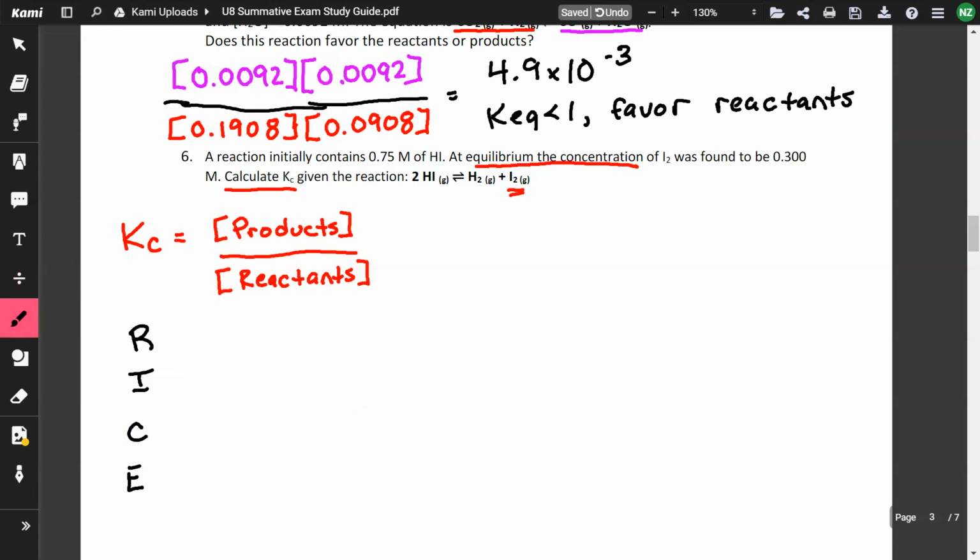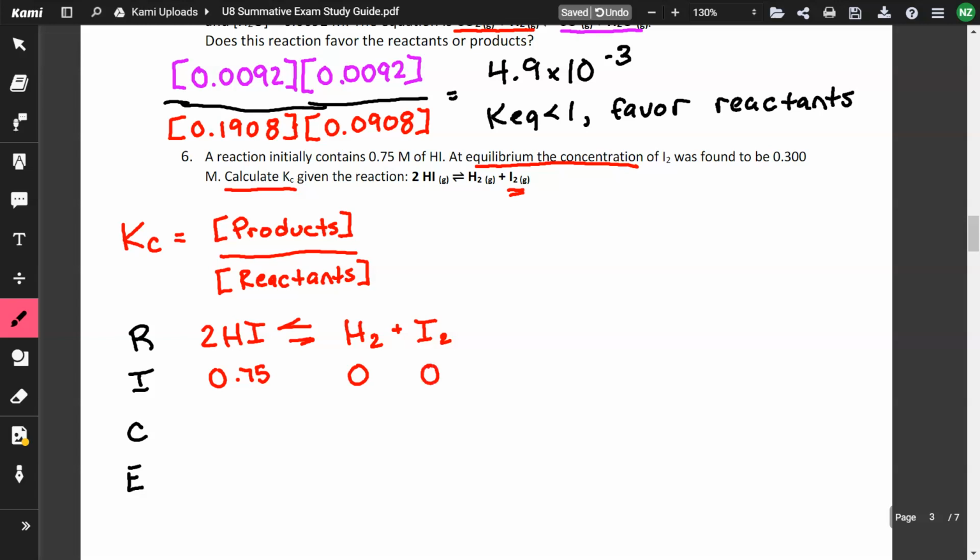Okay, so R stands for reaction. Our initial concentration is, let's see, 0.75. It doesn't give us initial concentrations for these, so those are going to be 0.